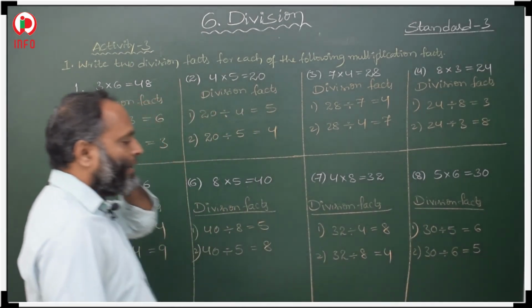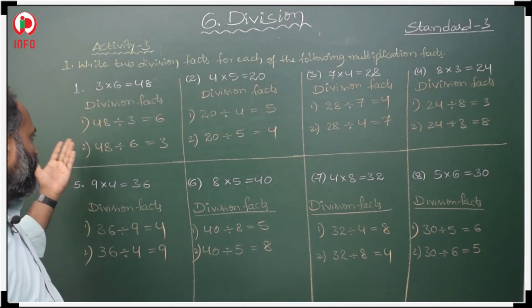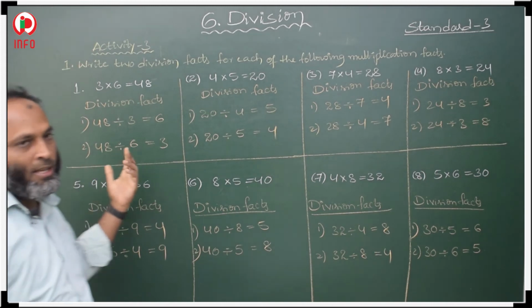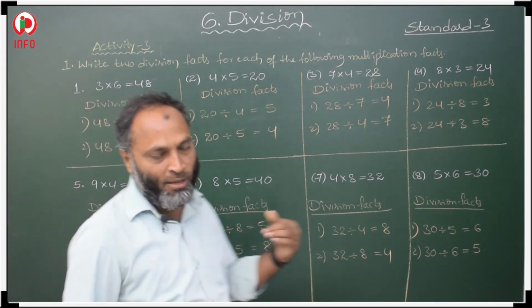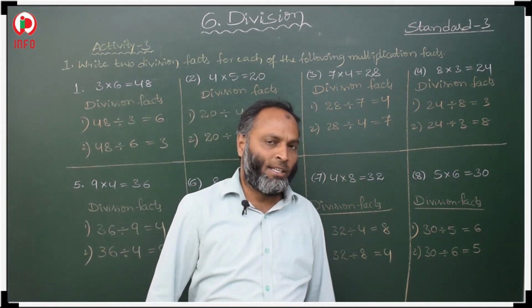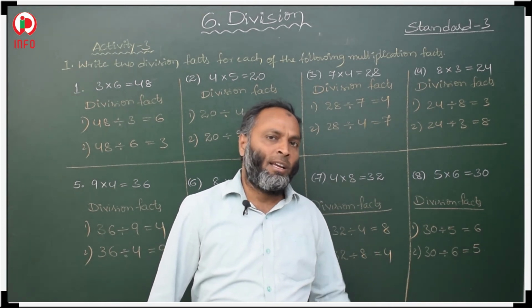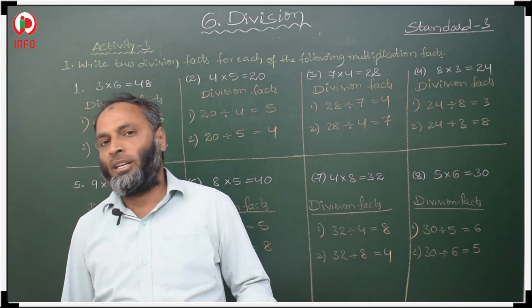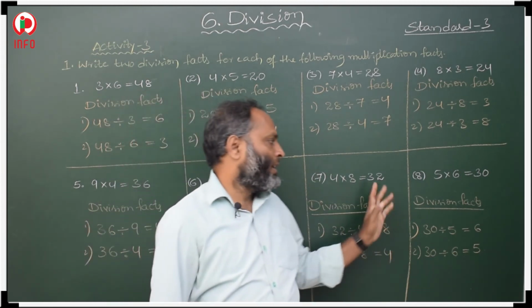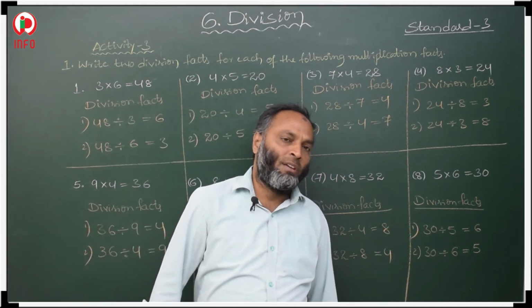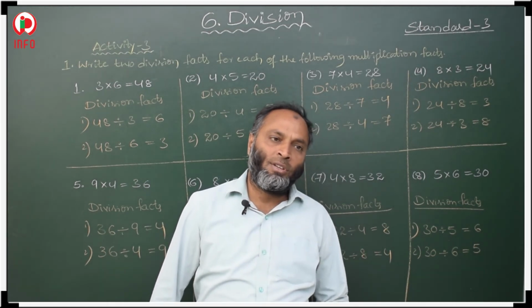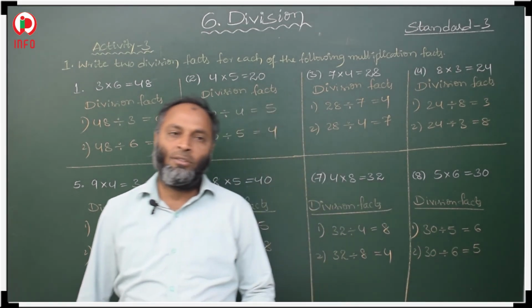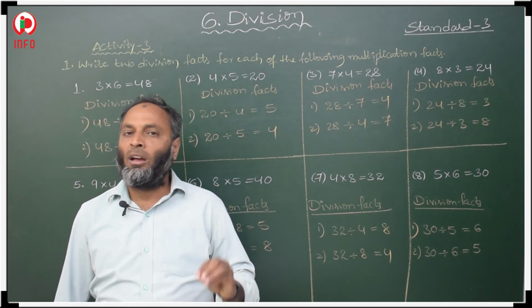So, in this way we have to do. In division, the product is divided by the first factor, the second factor is your quotient. In the second, if the product is divided by the second factor, then the first factor is your quotient. Four more similar questions were given, and you have to do those 4 questions as your home assignment.